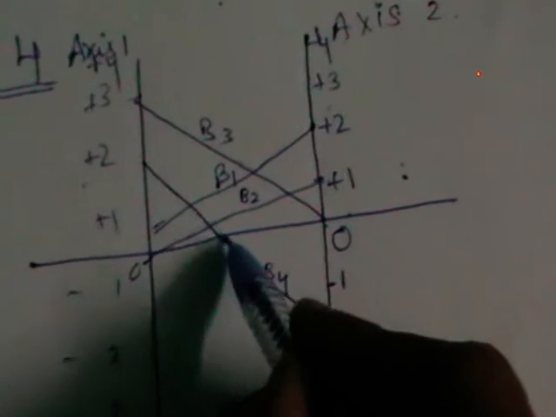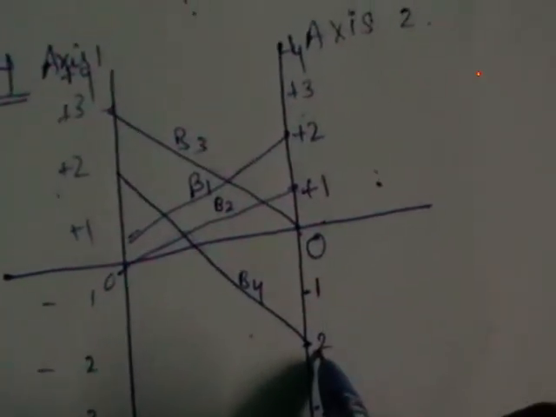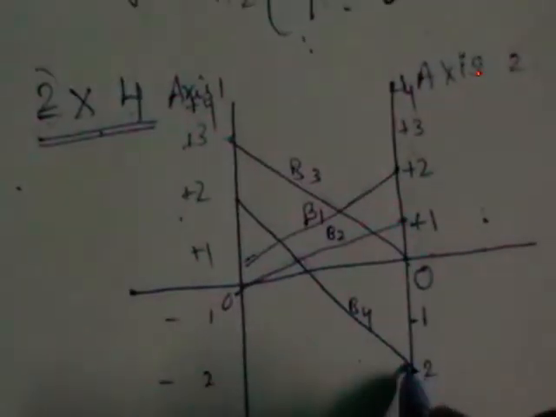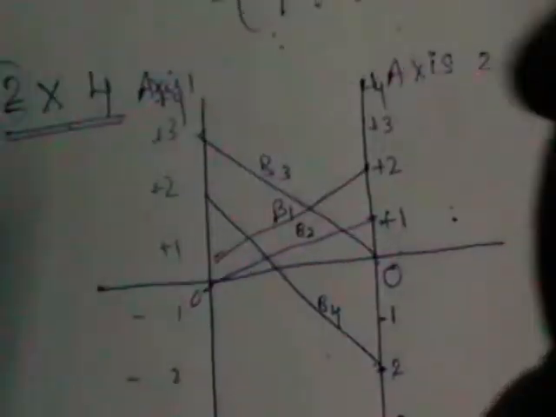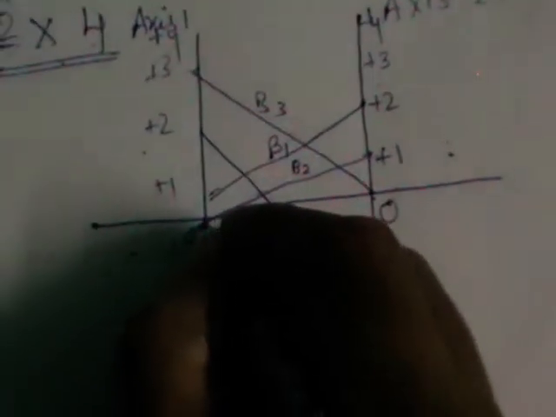This is called the upper envelope. This is called the lower envelope. If it is of 2 by n order, you consider the lower envelope. If it is of m by 2, you are going to consider the upper envelope to convert that into 2 by 2. So this is called the lower envelope.